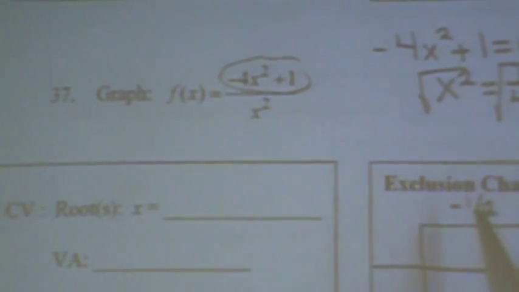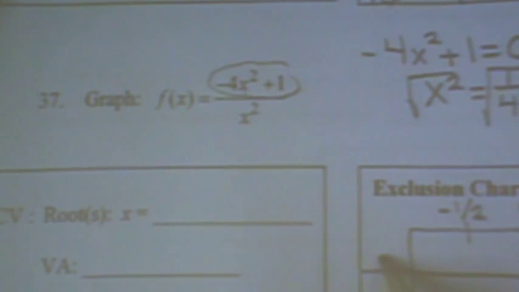Now, if you wanted to, when you do this right here, you could plug, it would just take you a longer time. You could write -4 x squared plus 1. So watch this, I'll show you. -4 x squared plus 1.